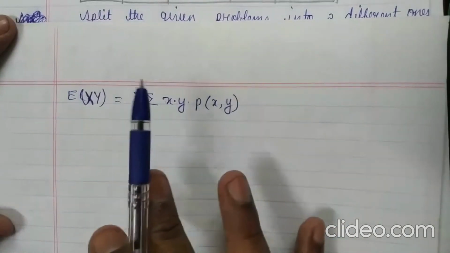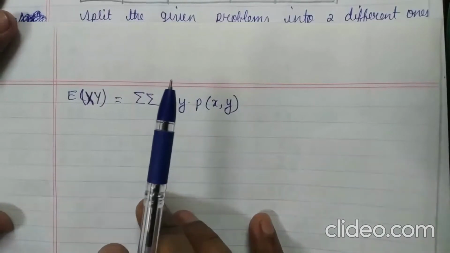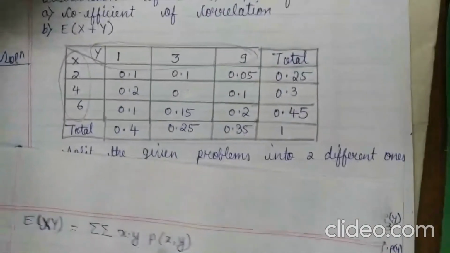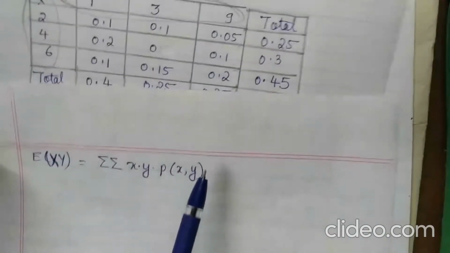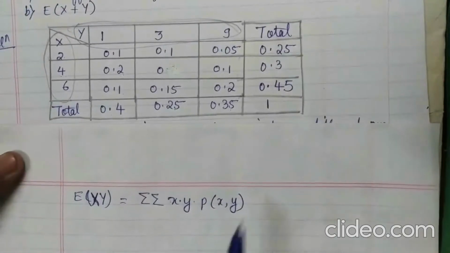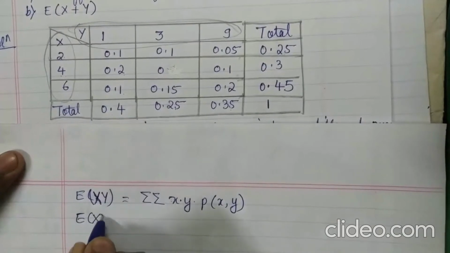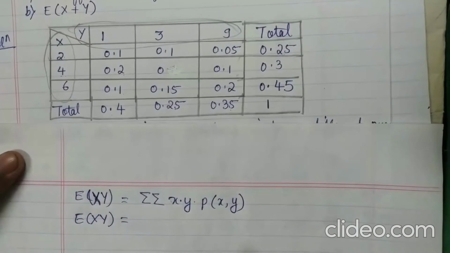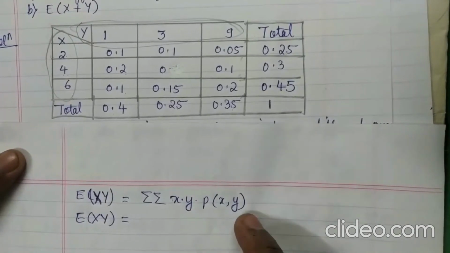Now let's move towards how to solve this formula. So for that we need the question. Just concentrate on the question. I've got it here. Okay. Now I'll just write here E of xy is equals to double summation of this into p of this.